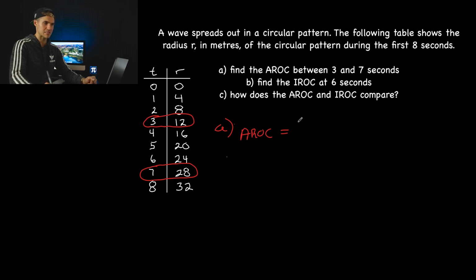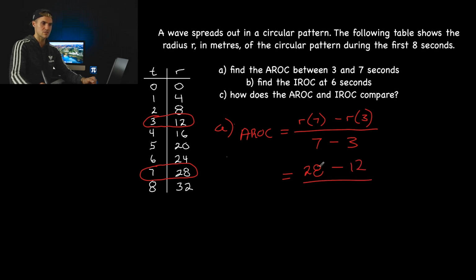In this case, let's do the larger time first: r of 7 minus r of 3 over 7 minus 3, the difference between the independent variables, which are the t values. So it's 28 minus 12 over 4. This is 16 over 4, which gives us 4.